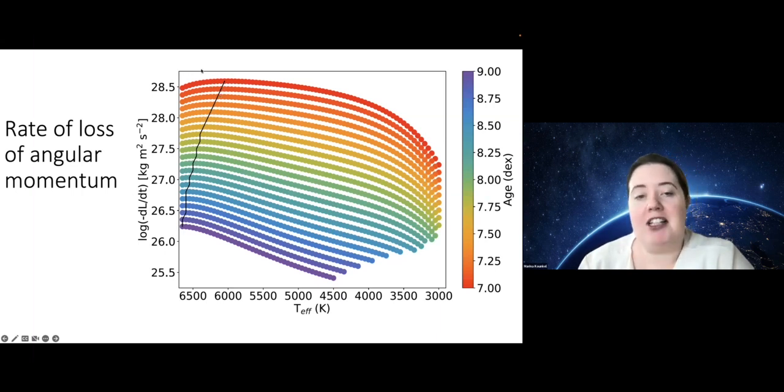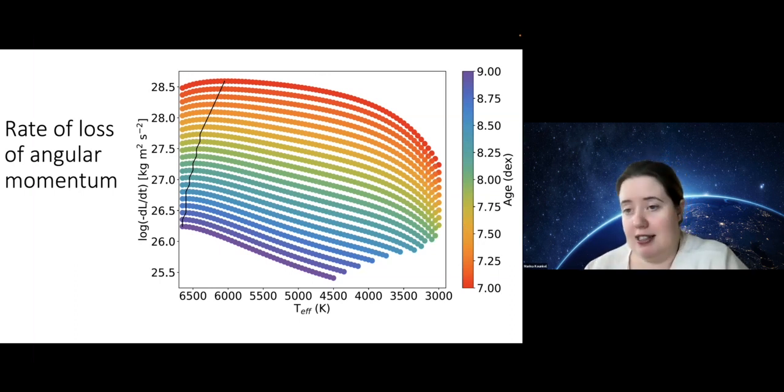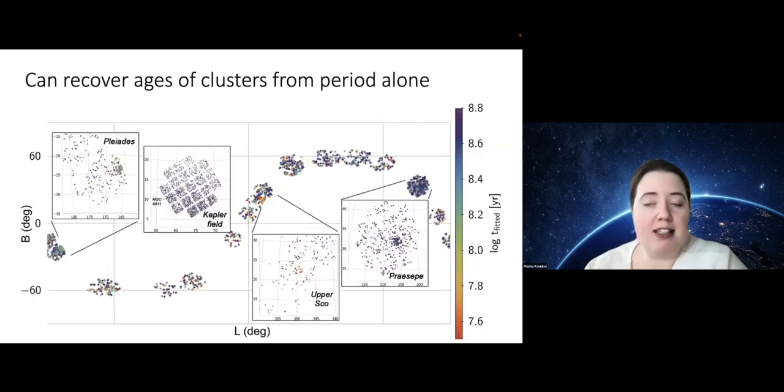The high mass stars are most effective at losing angular momentum. Low mass stars are a bit less efficient in this process. And because we do have this fit to all these relationships, if we have a catalog of stars with known rotational periods, we can determine their ages without relying on either their kinematics or on their photometry.